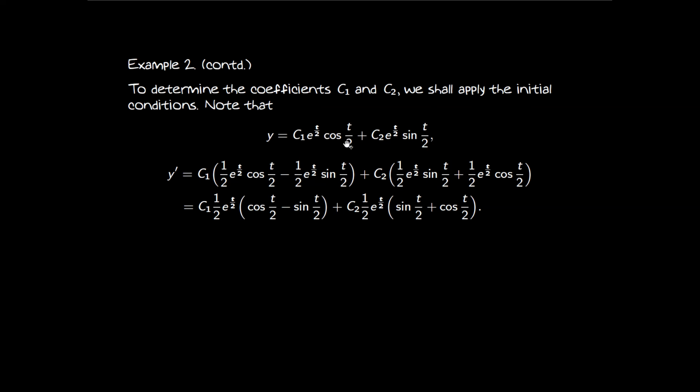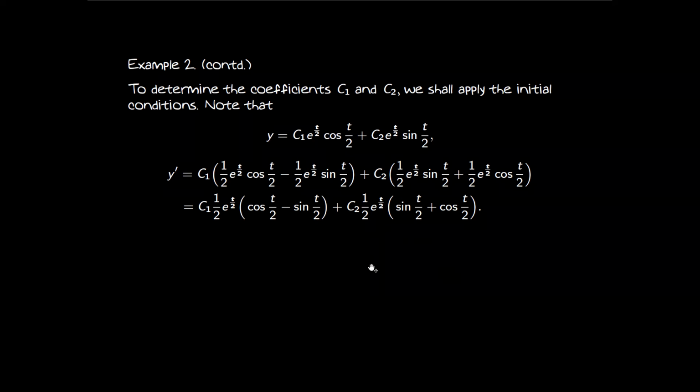The derivative of cosine is negative sine, and then you have to do the derivative of the argument, which gives you another 1/2. For the second term, you do something similar. For these two parts, we notice that we have some common factors, 1/2 of e to the t/2, so we can factor that out of the two parentheses.